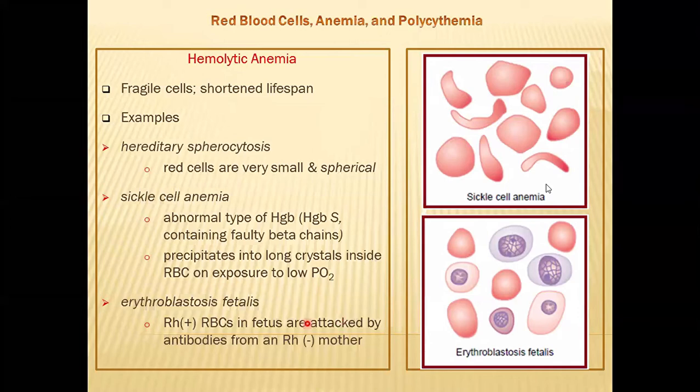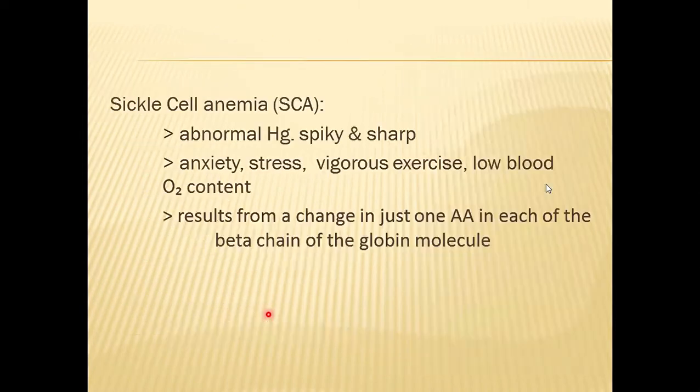Okay, we will also discuss this in the last chapter. Okay, so sickle cell, abnormal hemoglobin, they have spiky and sharp edged RBC. So these are the conditions that will trigger or stimulate the sickling: anxiety, stress, vigorous exercise, low blood oxygen content. So it results from a change in just one amino acid in each of the beta chains of the globin molecule.